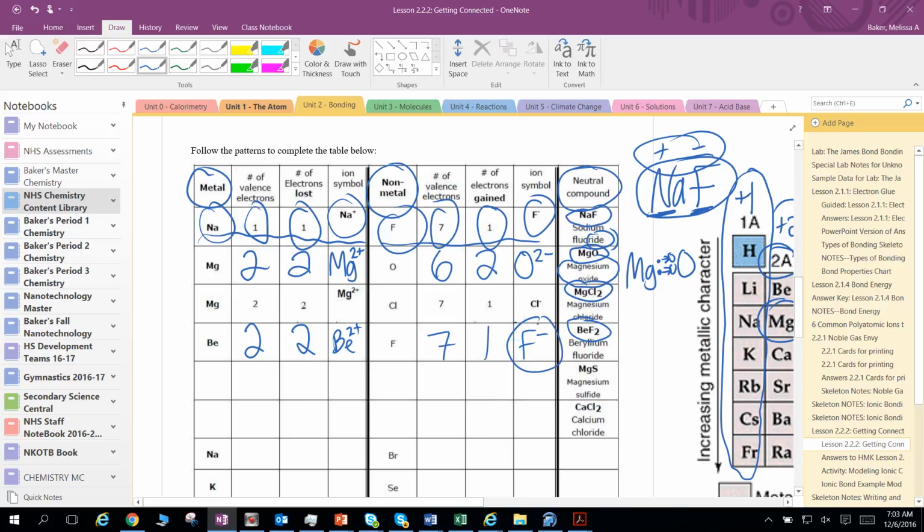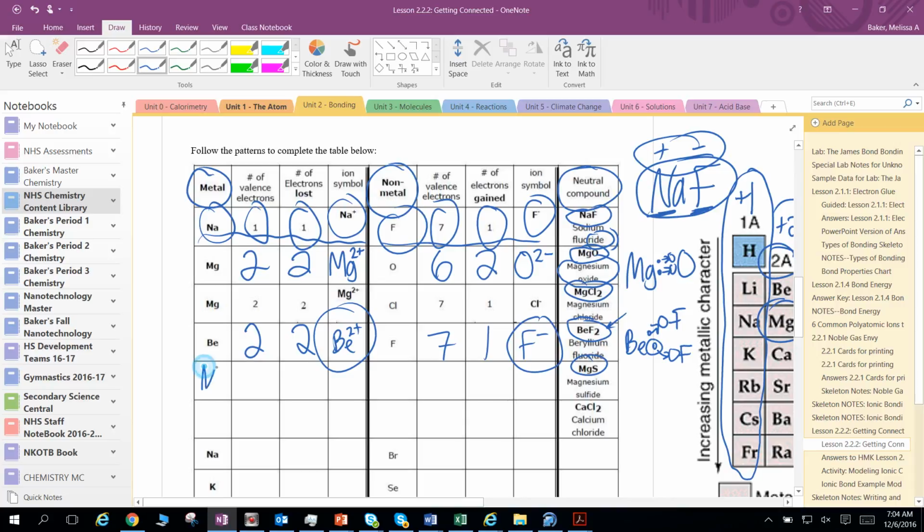Because fluorine only has a -1 charge, it wants to gain 1 electron, and beryllium wants to give up 2 electrons. 1 fluorine would not make that beryllium happy because there's still another electron it needs to get rid of. So that's why you need 2 fluorines, each accepting 1 electron, to make that beryllium happy and to form a neutral compound.